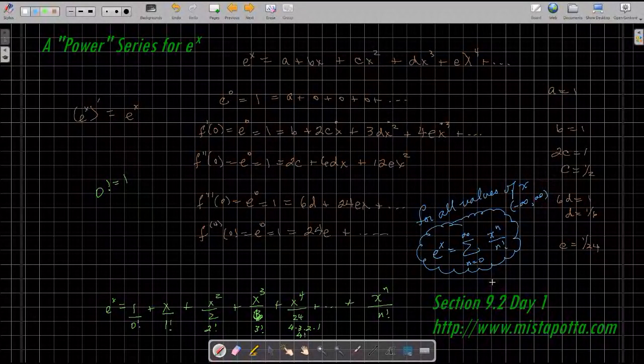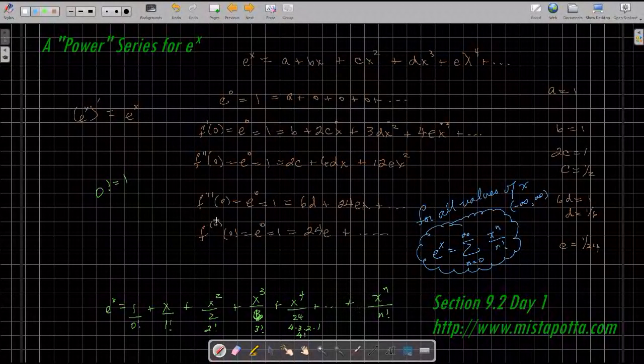And we'll talk about why that's true when we talk in section 9.3. But this power series really does have a lot of power behind it. The idea that we can write this exponential function, this function that involves a transcendental number, as polynomial terms, and we can get whatever degree of accuracy we want by just adding more terms to the sequence.